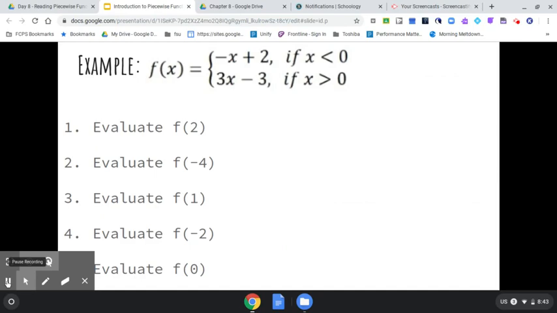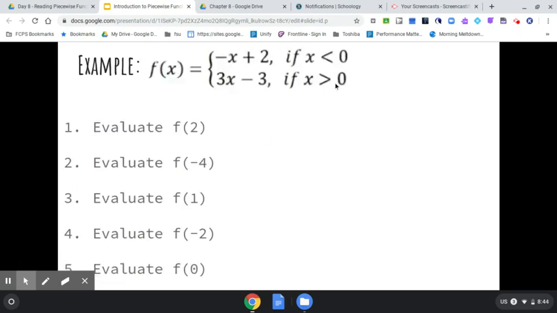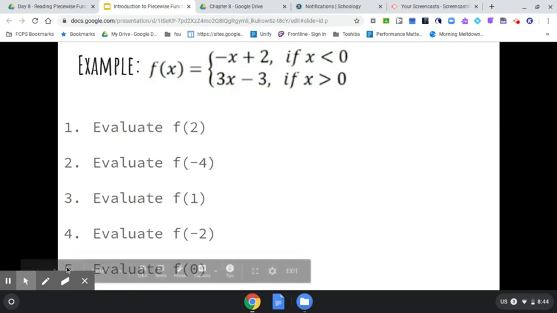Okay, the next set of examples we're going to take a look at is function notation of a piecewise function. And again, we're just evaluating these. So when x equals 2, I need to decide what domain does that fall within. If x is less than 0, then I would use the top function. If x is greater than 0, then I'm going to use the bottom function.